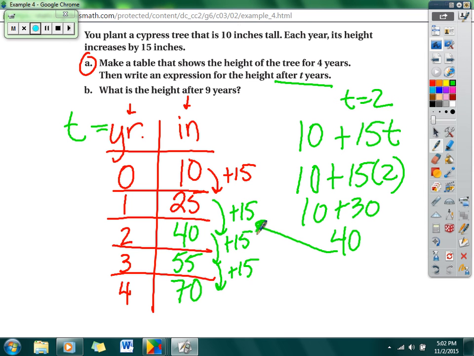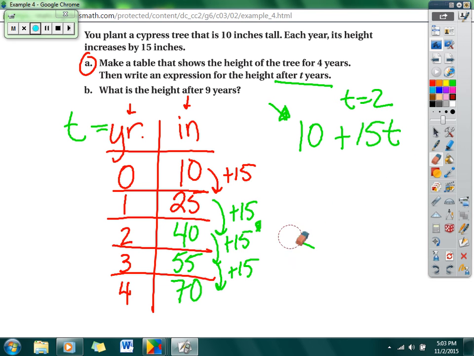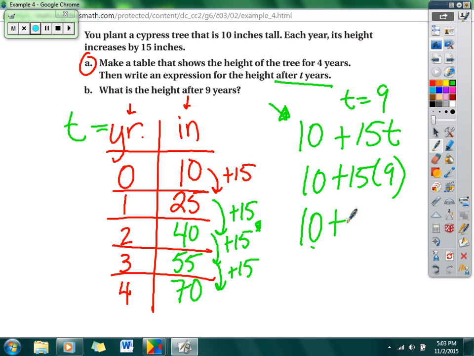Now it asks, what's the height after 9 years? Yes, you can keep going on your table, 5 years, 6 years, 7 years, 8 years, 9 years, or you can go back to your expression that you just made and substitute for 9 years. So now we're going to say t equals 9. 10 plus 15 times 9, okay, 10's a constant, it's always going to be 10. 15 times 9 is going to be 135.